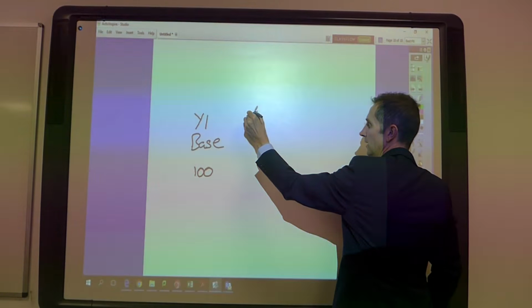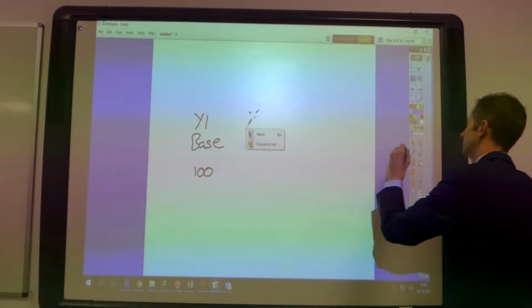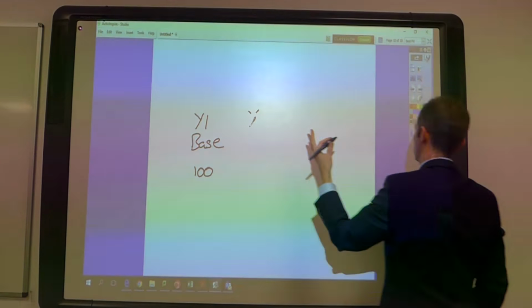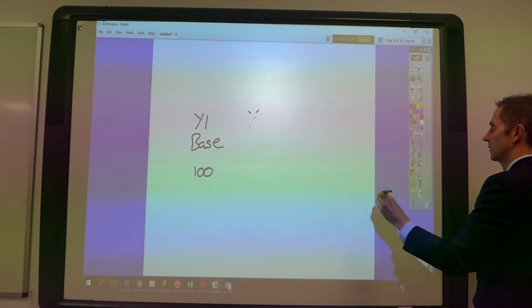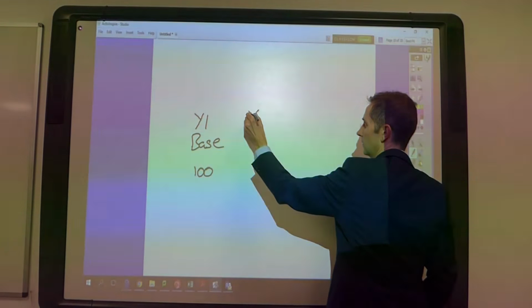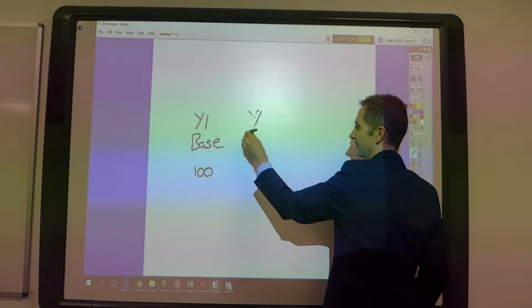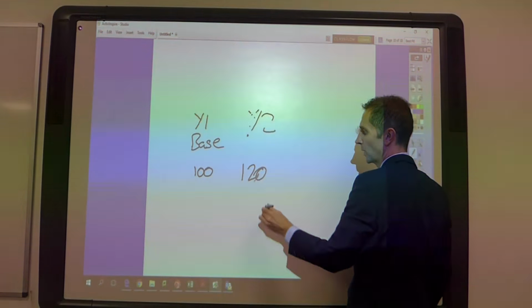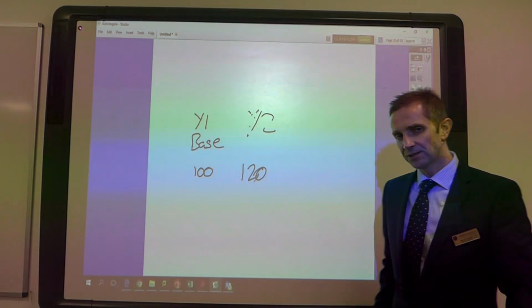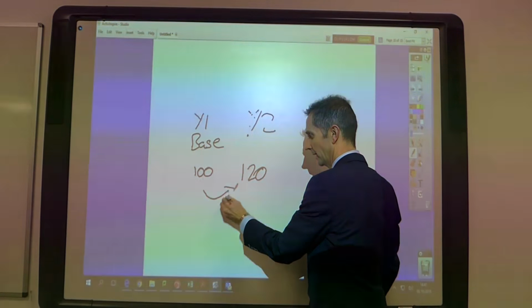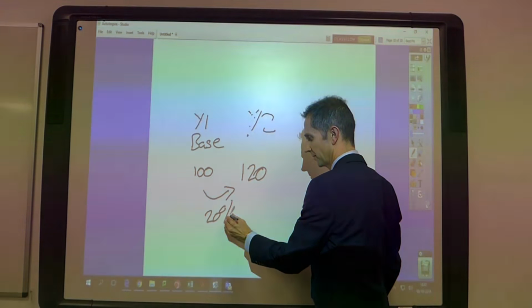So if in year 2 the value of the index is 120, then we can say that prices, or whatever it is, have gone up by 20%.